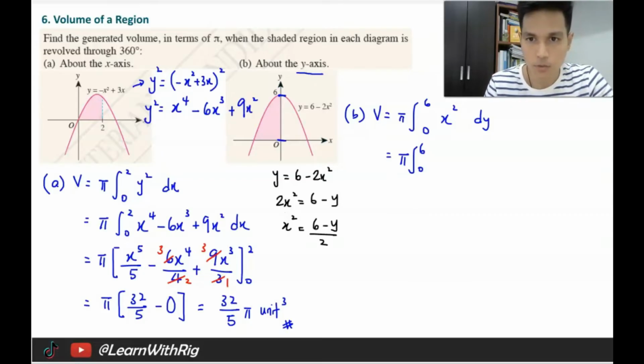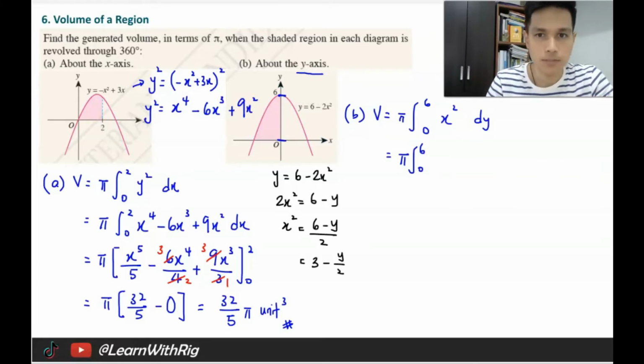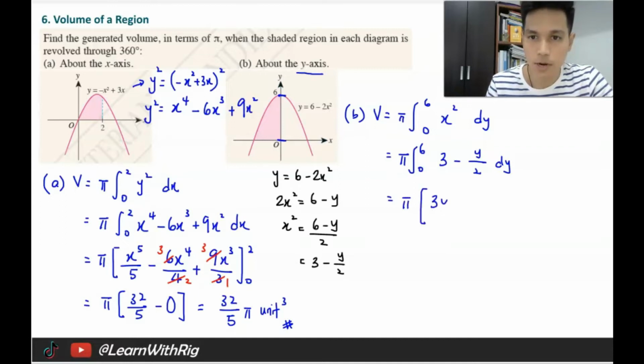So you can just straight away substitute. I'm going to break this: 6 over 2 means 3 minus y over 2. So I substitute here, you get 3 minus y over 2 dy. You can integrate this and you get 3y minus y squared over 4, because the y becomes y squared, so the 2 times the 2 here gives you 4.